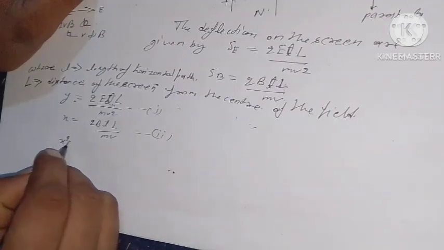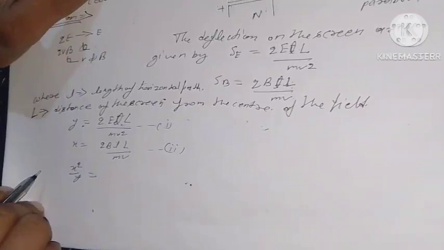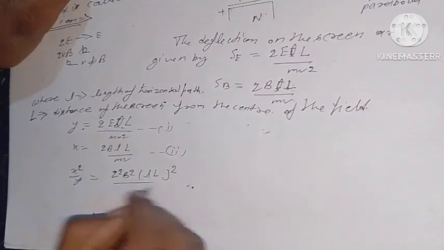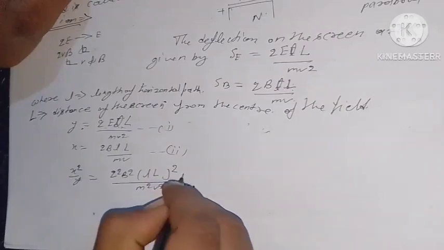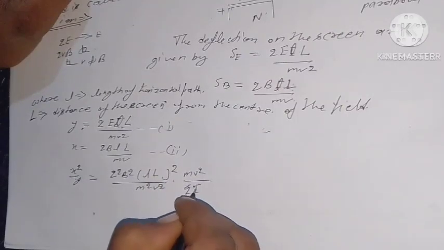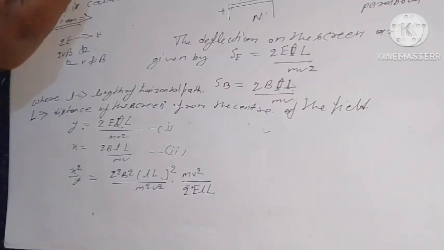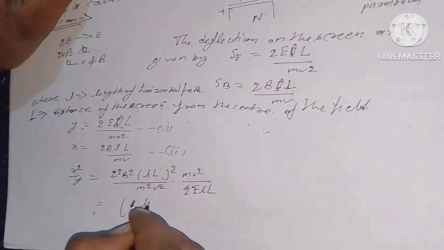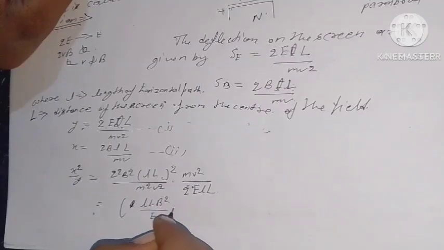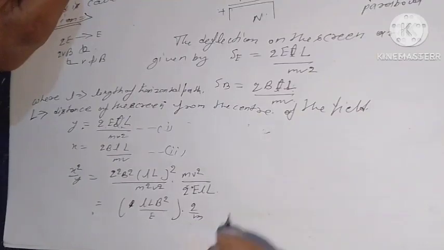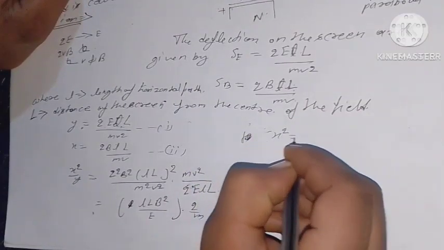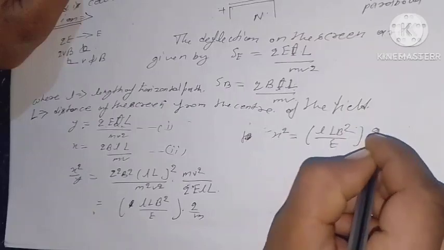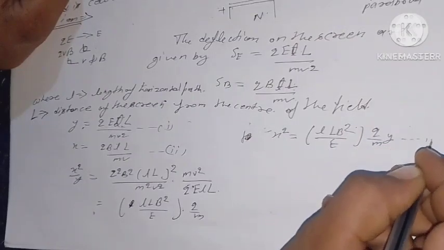We get x²/y = q²B²(lL)²/m²v² × mv²/(qE lL). Solving this, we find x²/y = lL B²/E × q/m, and therefore x² = (lL B²/E)(q/m) y. That is equation number three.